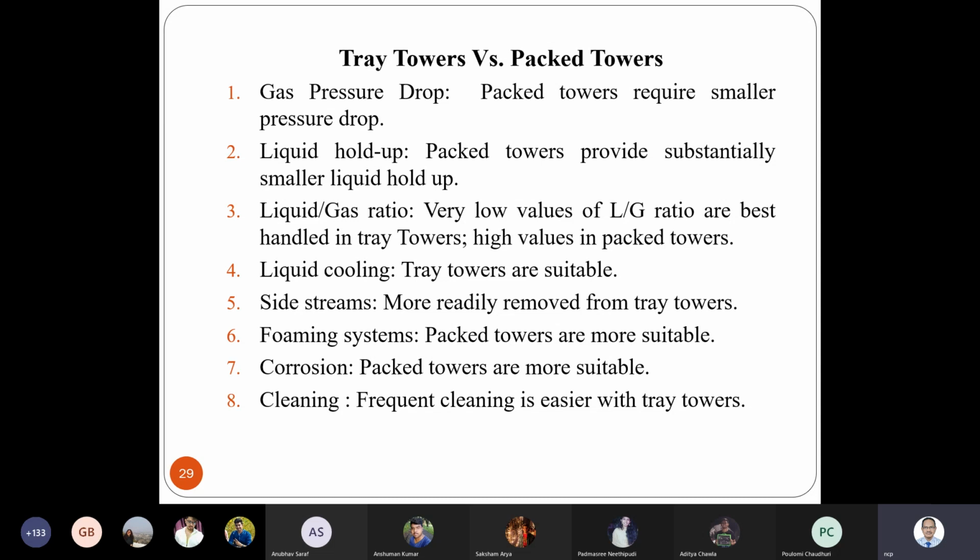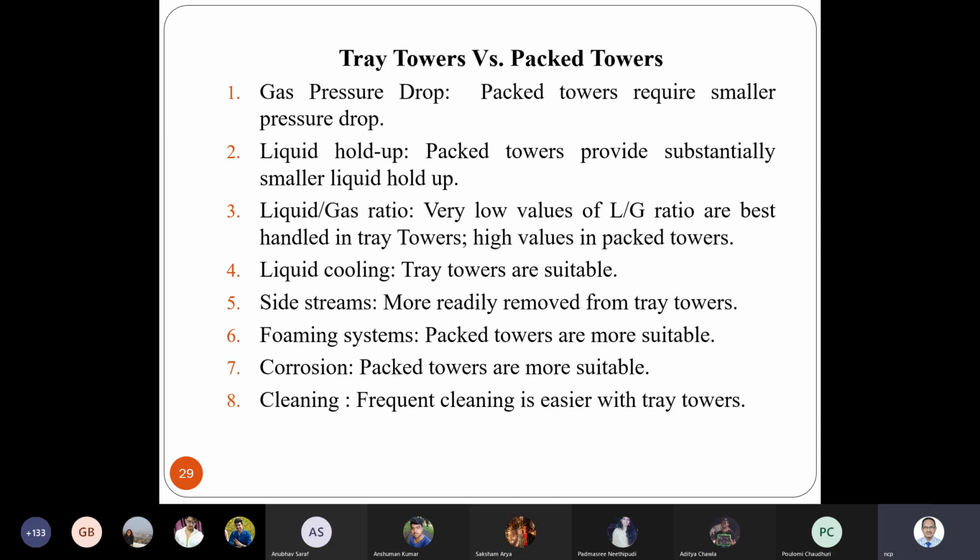Then corrosion: packed towers are more suitable. In packed towers we generally use packing materials as the internals, and we can have proper materials of construction depending upon the service, but mostly ceramics or similar materials are used.